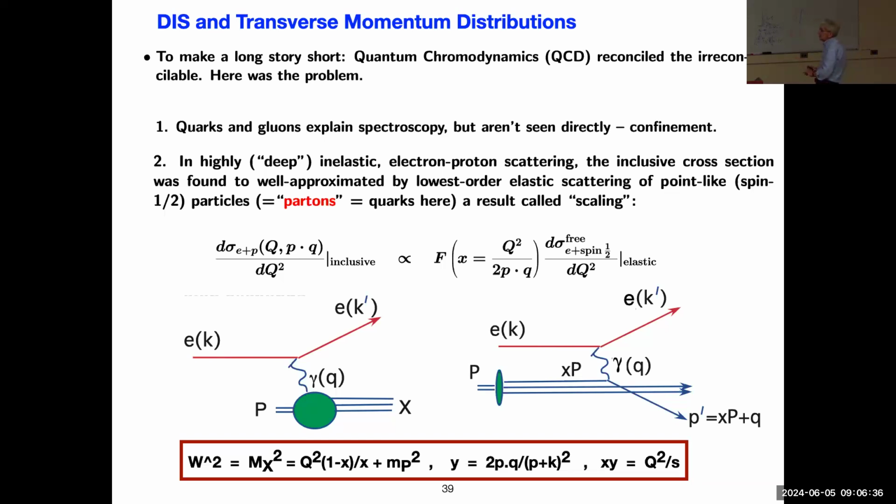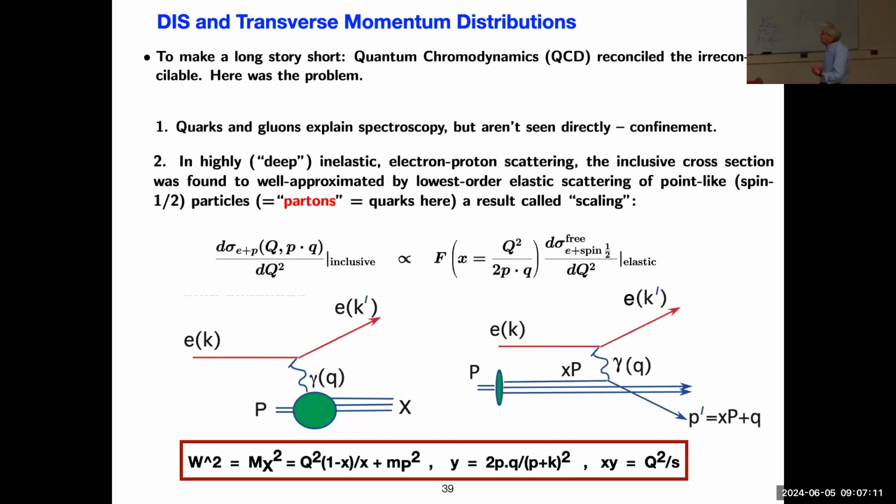So the way things went in deep inelastic scattering, remember we talked about what could happen to a proton when an electron delivers momentum to it in a sudden way. In deep inelastic electron-proton scattering, the inclusive cross-section was found to be well approximated by the lowest order elastic scattering of point-like particles, and the important point is spin 1/2. So we have predictions of scattering of point-like particles depends upon their spin.